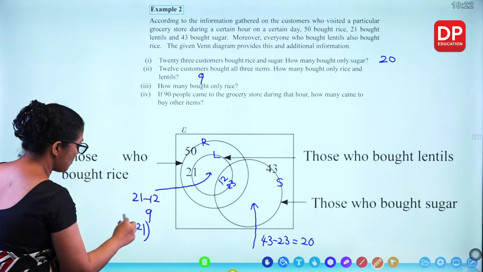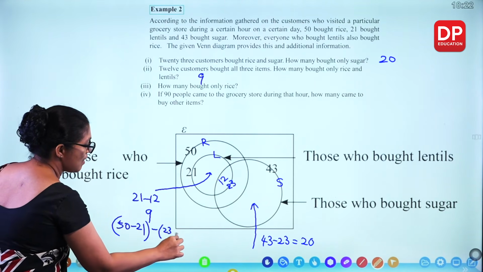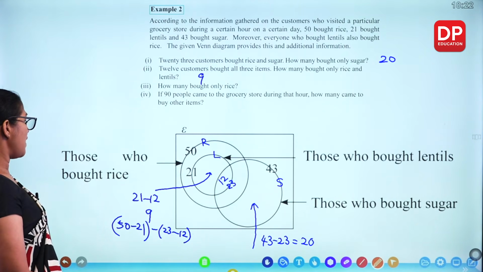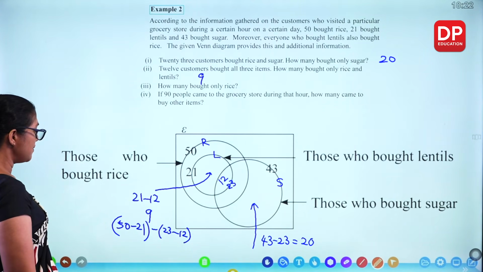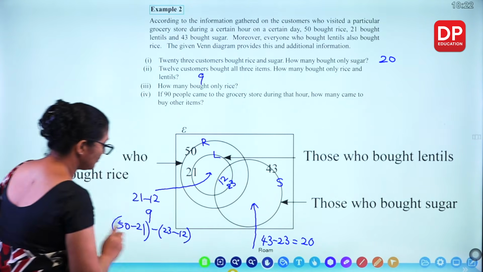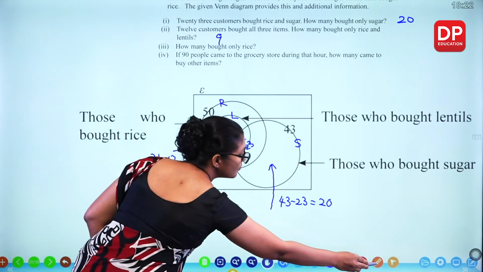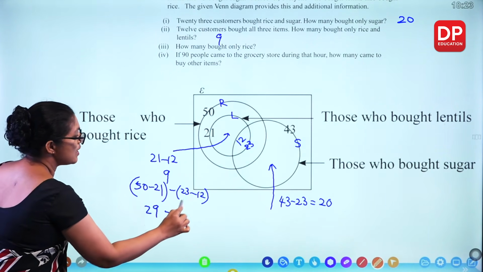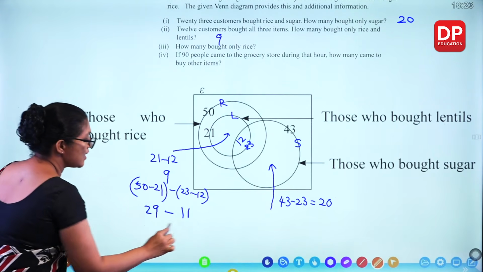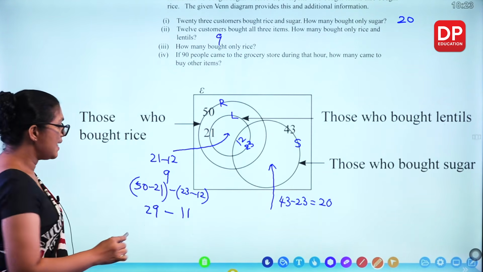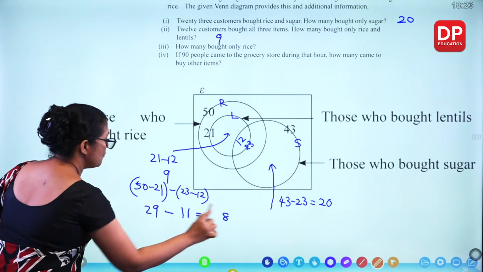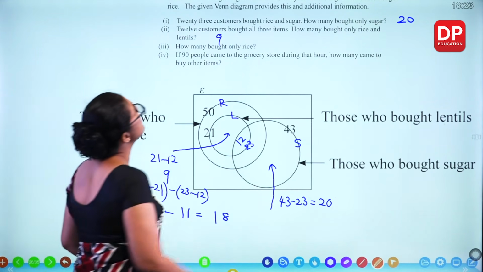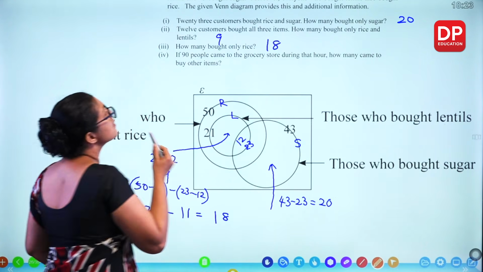So you have to subtract 23 minus 12. Then you get only this part. So what's the value? 50 minus 21, you get 29. 23 minus 12, you are getting 11. So 29 minus 11. What's the answer? 18. So the answer is 18 for this part.